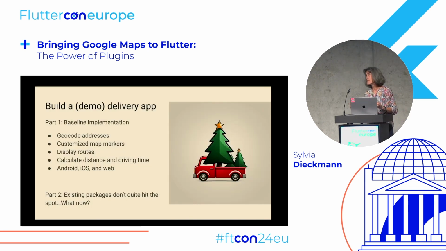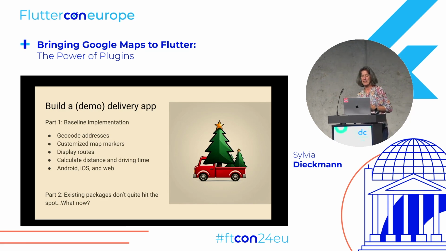What I want to do here today is build a demo app with you. If any of you knows me, you know that Christmas trees feature big in my life. So think about delivering Christmas trees. The feature set that I want to include is geocoding of addresses, so that's turning an address into latitude and longitude. I want to have customized map markers.